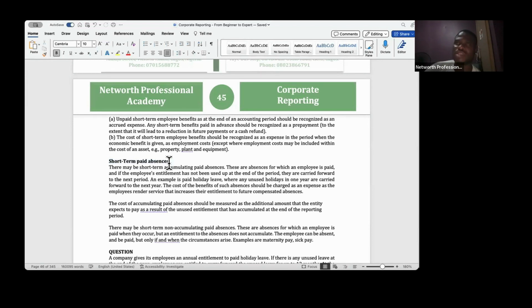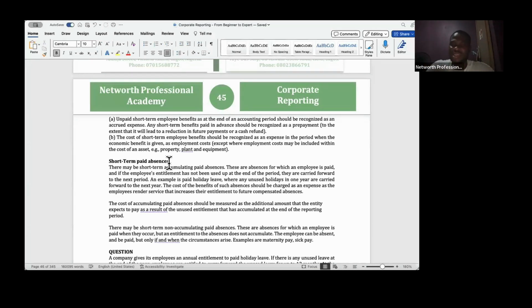So those are paid absence, or maybe leave allowance. Leave allowance itself is a paid absence. You are not around and they are still paying you. The definition is not what we are looking at here.